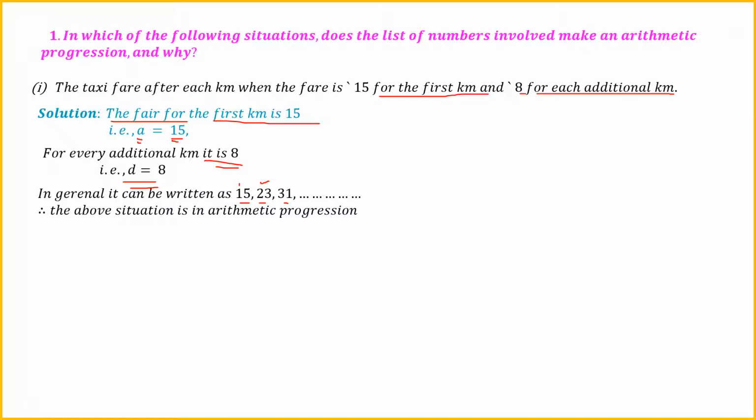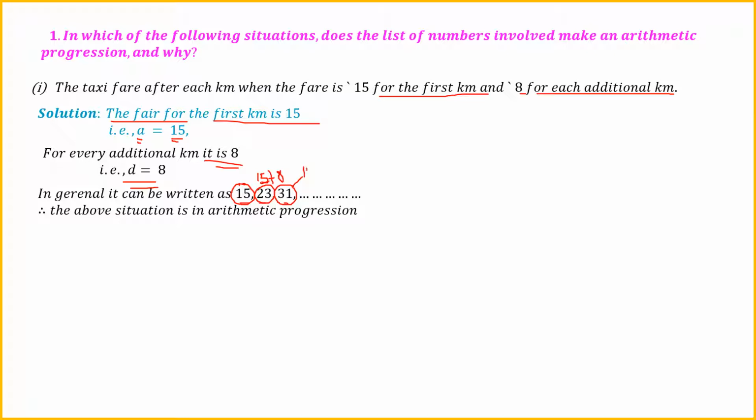If it's 2 kilometers, for the first kilometer we will be paying 15 rupees, and for the second kilometer we will be paying 8 rupees. If a person travels 3 kilometers, it is not the third kilometer, it is totally 3 kilometers.